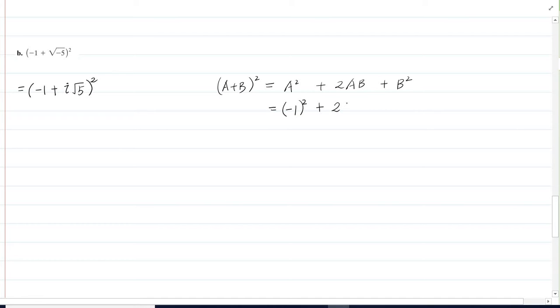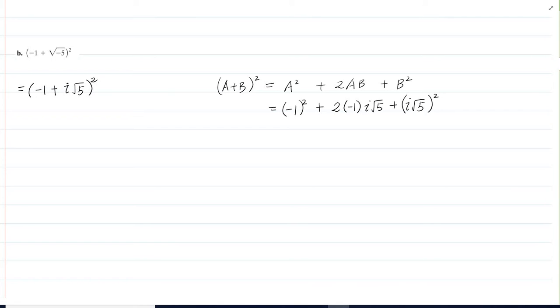Again, remember the 2 times my a, which is negative 1, and then I have to recall my b. My b is i square root of 5. And then plus b squared, that will be i square root of 5, and that is my b squared.